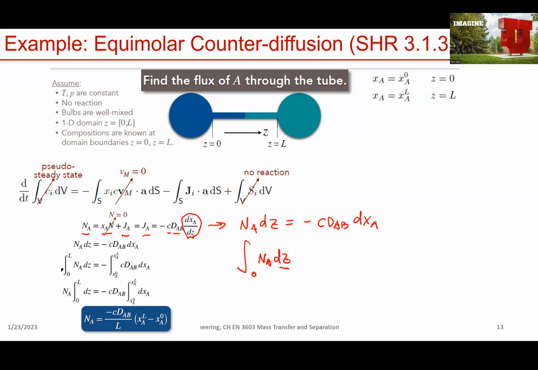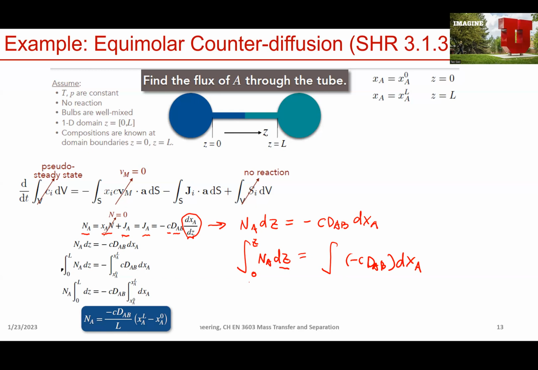But now, if we want to solve not only for a point but for a function, then we're going to keep z here. Z is a variable. Then on the right hand side, similarly, you just do the integral: minus c DAB dxa.